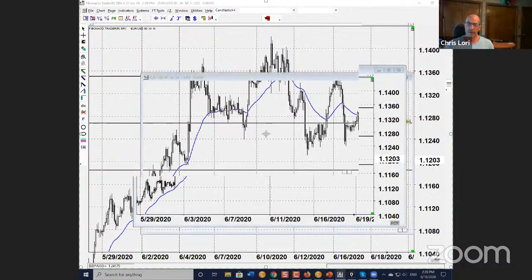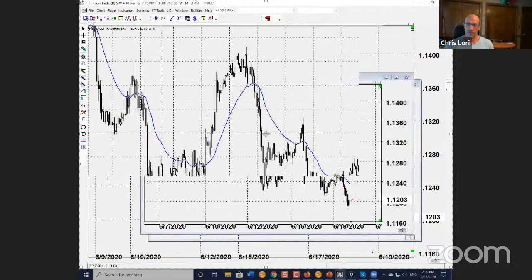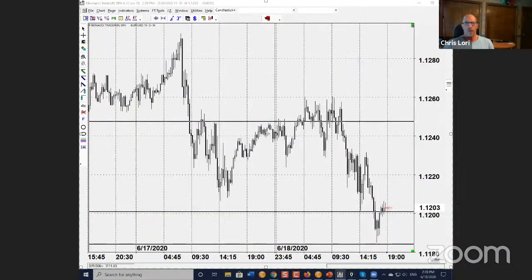Now let's take it down to the 60-minute chart, and actually let's take it all the way down to the 15-minute chart. So what is the market telling us now? You see how we're seeing the same type of price behaviors. This is a 15-minute chart.